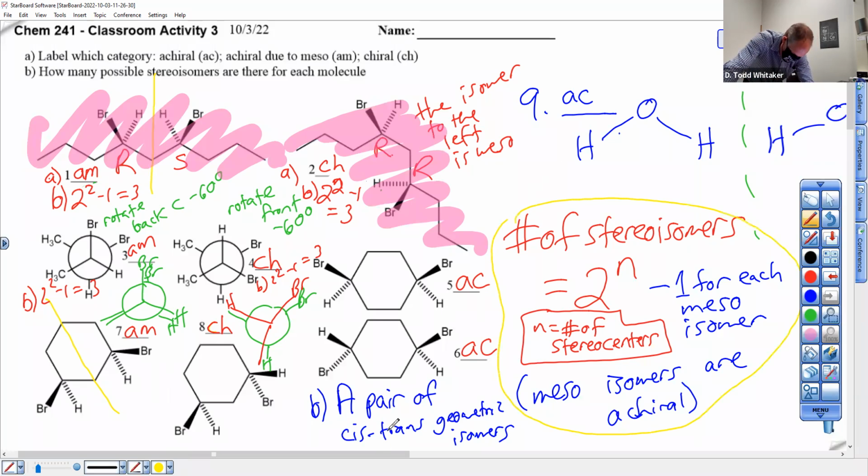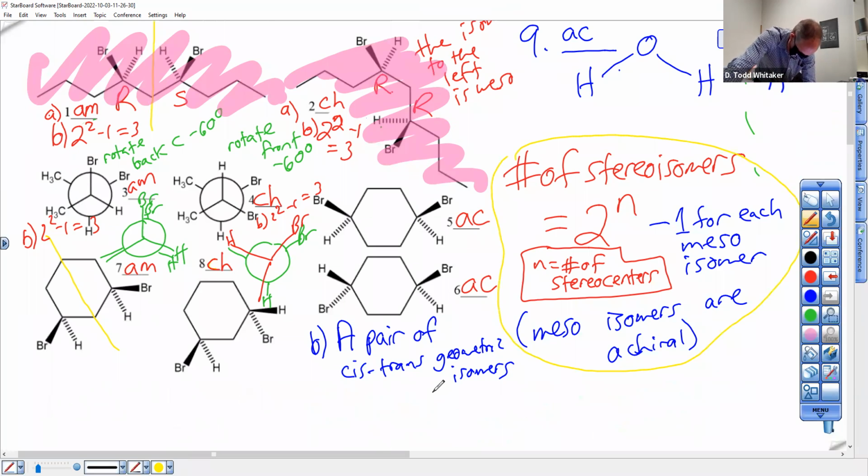Cis and trans are geometric isomers. That's it. So I guess the answer is 2 for both of them. B, 2, and just write cis trans. 2 cis trans. We got them both here. They are isomers of each other.